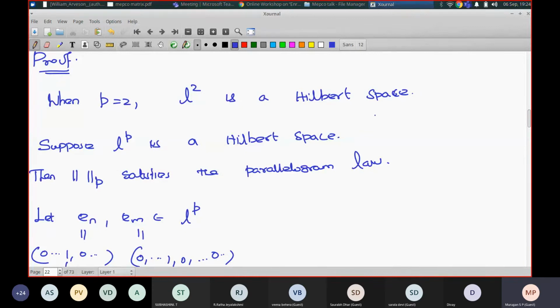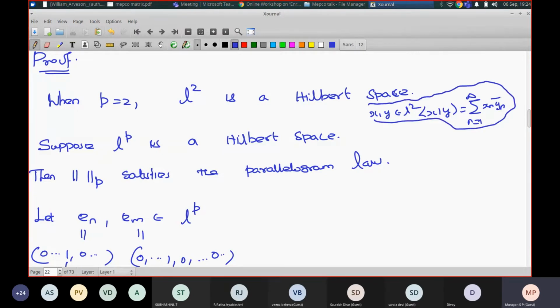If you take x, y belonging to l^2, define the inner product of x and y as the summation n equal to 1 to infinity of xn times yn bar, right? This gives an inner product, and with respect to it the space is complete. That is clear because we already saw l^p is a Banach space whenever p is greater than or equal to 1. So if you put p equal to 2, it is Banach, and Banach means complete, right? So it is a Hilbert space.